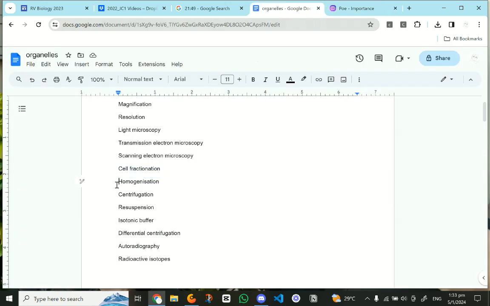And the next keyword is homogenization. Okay, these three are the steps of it.